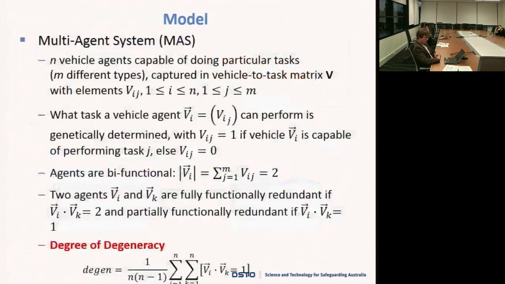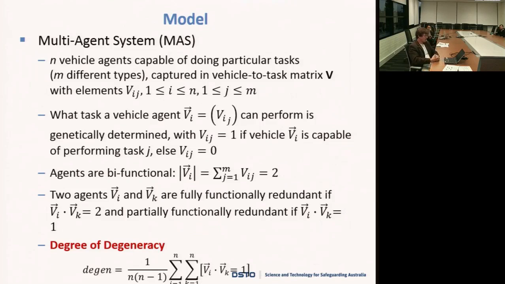Now, the model that we've used to get to clear calculations and articulations of adaptability and robustness is a multi-agent system. I've used the term already when I talked about these dumbbell agents. We looked at a multi-agent system where the agents are vehicles, and we have n of them.